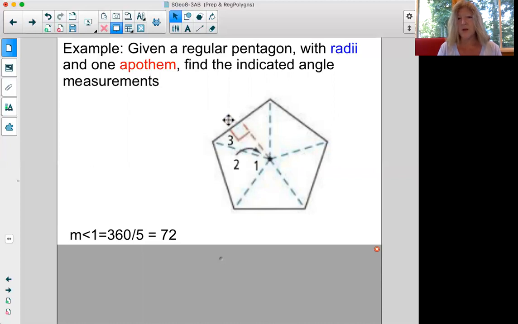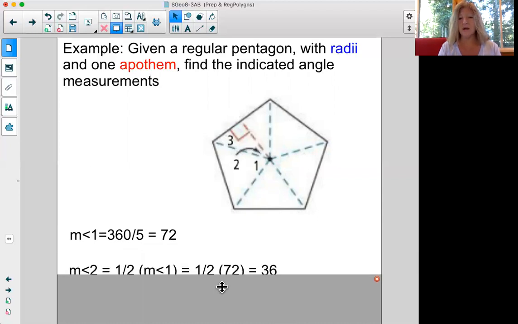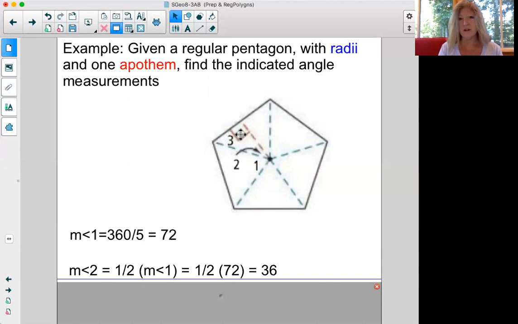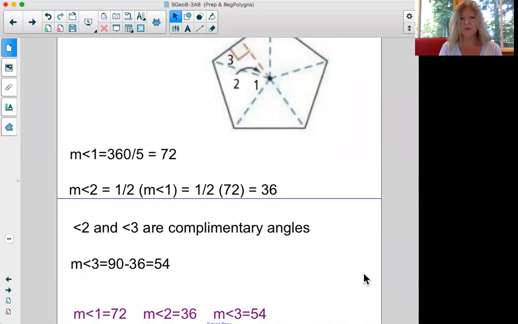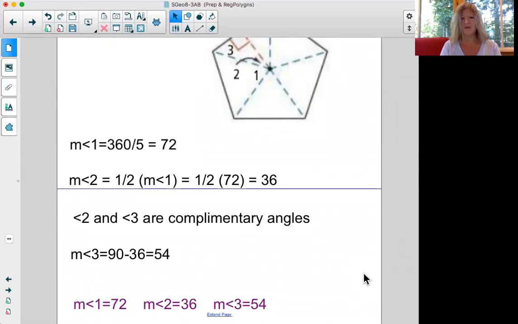So when we drop the apothem, which is basically the altitude of this isosceles triangle, in that case, angle 1 will get bisected. So the measurement of angle 2 is the central angle cut in half, or in this case, 72 cut in half, or 36. And now notice the apothem is perpendicular with the side, so therefore a little right triangle is formed. And we know that the two acute angles inside a right triangle are complementary, so we can figure out the measurement of angle 3.